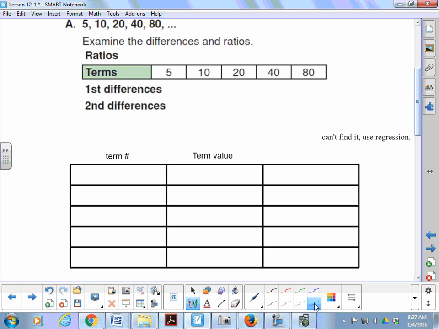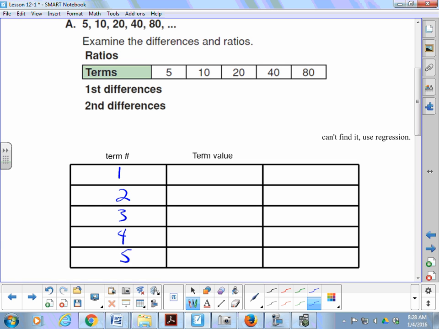formula is. So I'm going to put, what do we got, 5 of them. So in this table, I'm going to put the numbers 1 through 5 that represent how many terms I have in my sequence. And so instead of actually using ratios, first differences, or second differences, I'm actually going to use this table to do it instead.